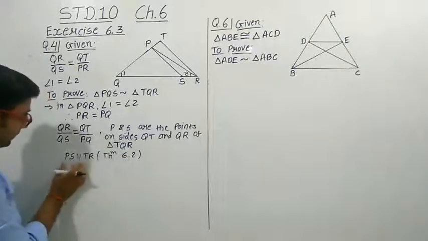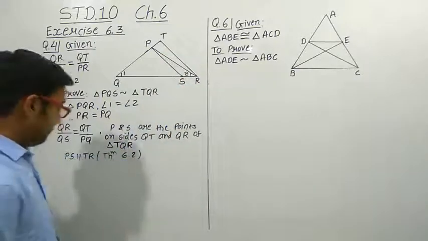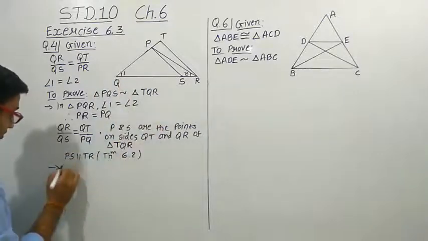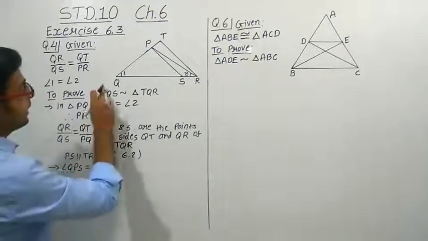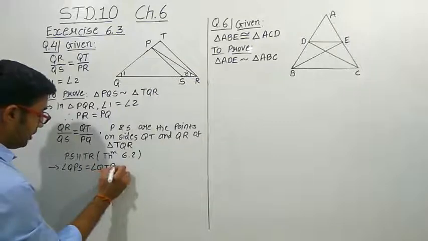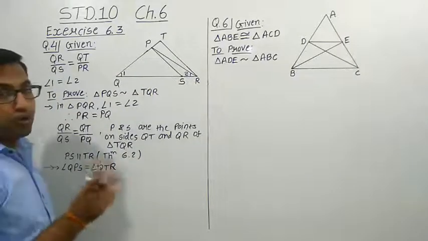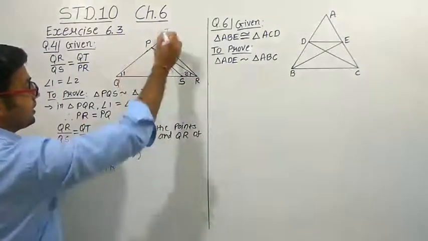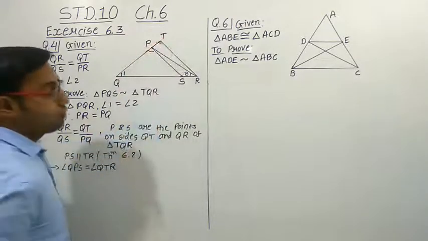Here, as PS and TR are parallel, we can write down that angle QPS will be equal to angle QTR. Why? We can write this according to the corresponding angle theorem, right? Two lines are parallel, PQT is the transversal, so this angle and this angle will be equal to one another.